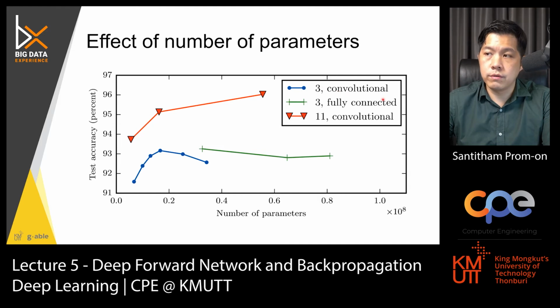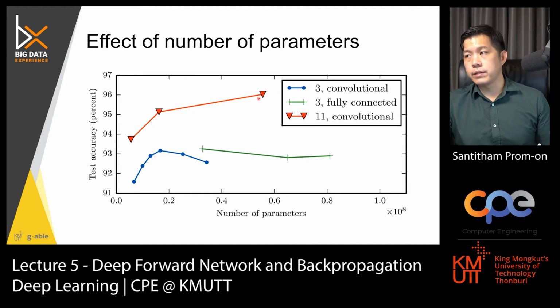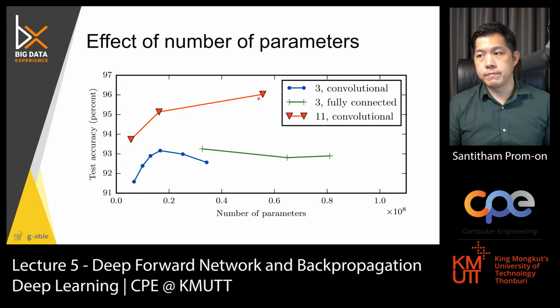If you use a three-layer convolutional neural network, I think it's three layers, with fewer parameters, it can perform comparably to the fully connected one. But when you have a convolutional neural network that is deeper, then the model can generalize better, can capture the pattern better than the fully connected one.